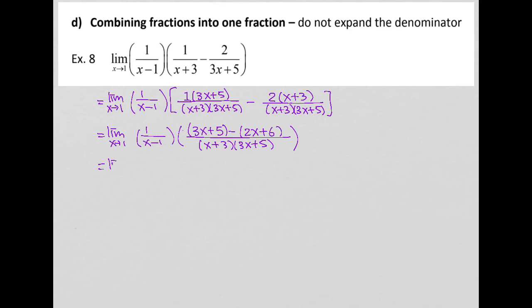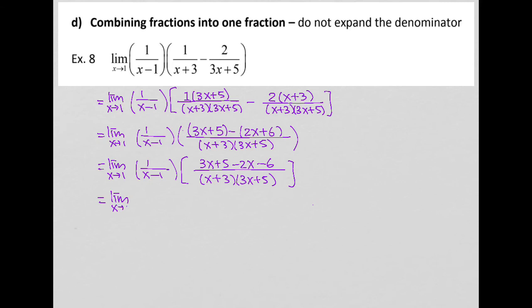Let's take out the brackets. On the numerator, we get 3x plus 5. Multiply the negative sign in, so negative 2x minus 6. And let's simplify the numerator.